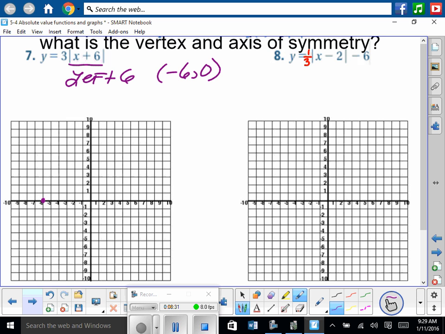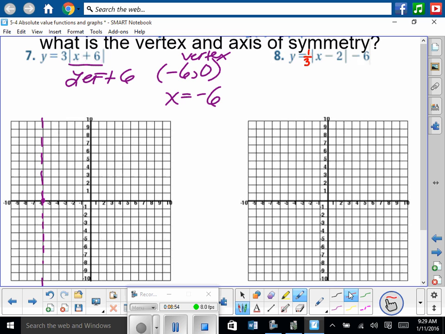And my axis of symmetry, isn't it going to be on that x point? So the axis of symmetry is x equals, what x value is that? Negative 6. There's my axis of symmetry. So it's going to be symmetric around that line. So then from there, we'll just graph our slope, which is 3.